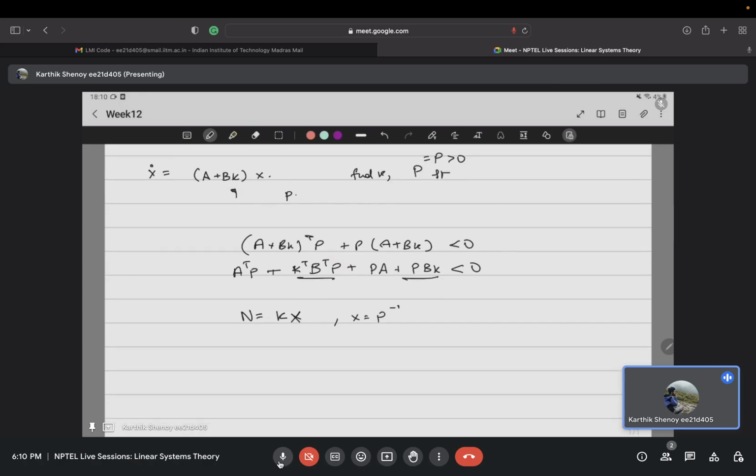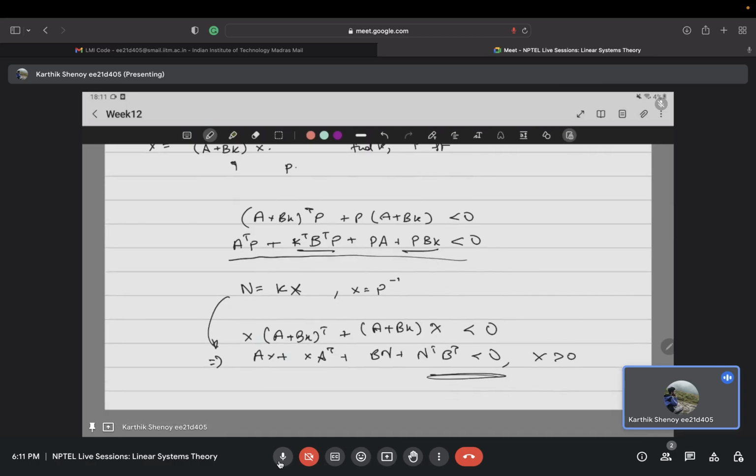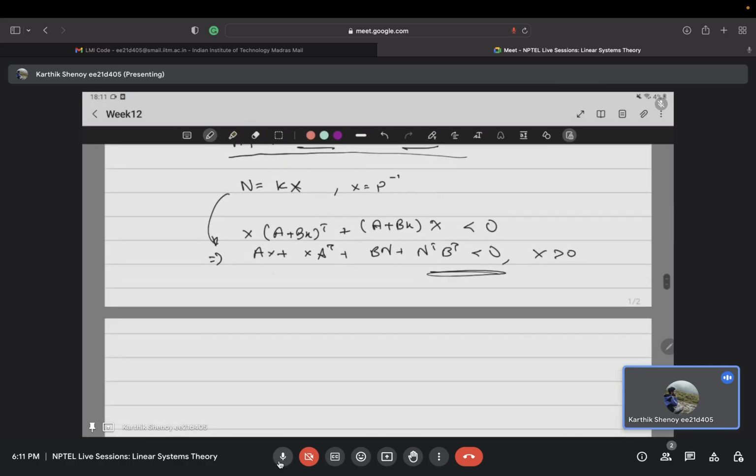So now we pre and post multiply this entire equation by X. So you get X (A plus BK) transpose plus (A plus BK) X is less than 0, okay. So by substituting this you will get AX plus X A transpose plus BN plus N transpose B transpose less than 0, and X is positive definite, okay. So these are the two LMIs which you have to solve.